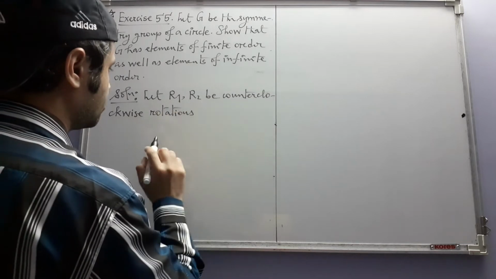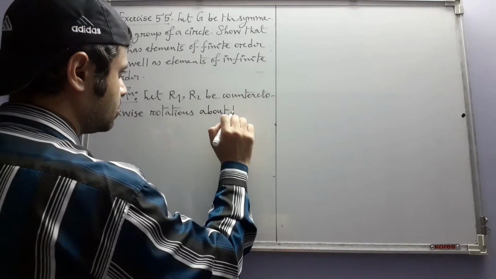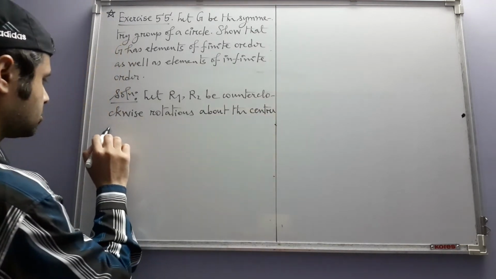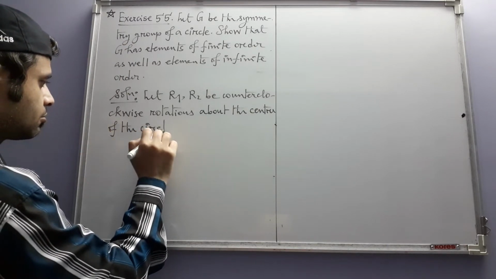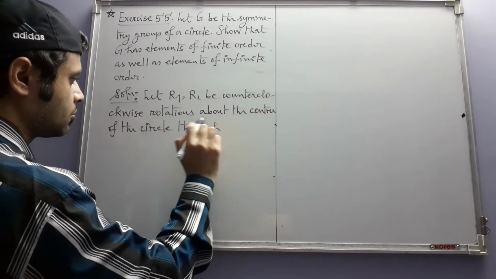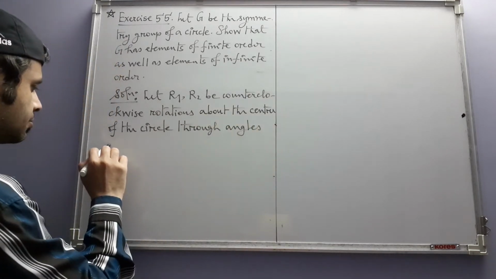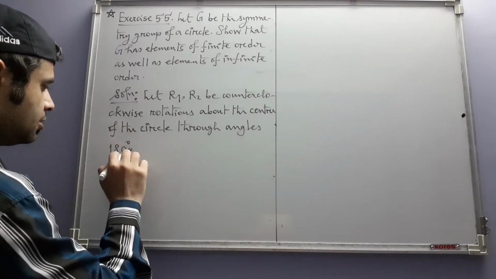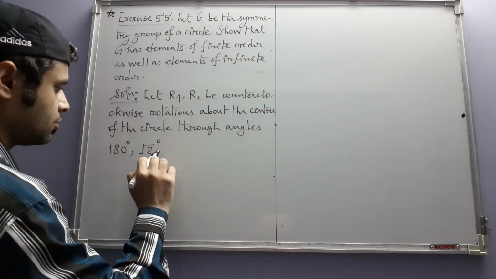So let these be counterclockwise rotations about the center of the circle through angles 180 degree and say square root of 2 degree respectively.